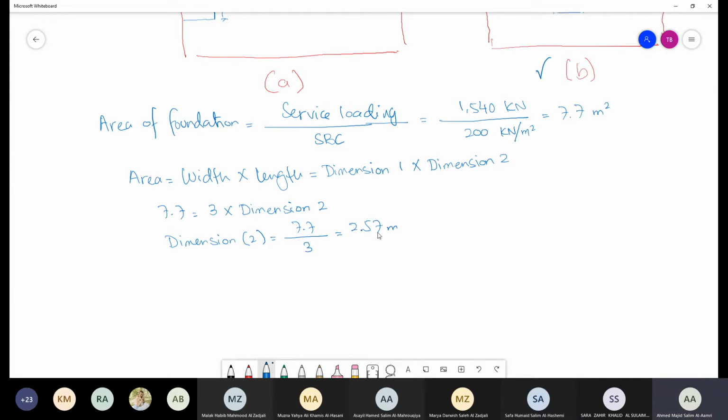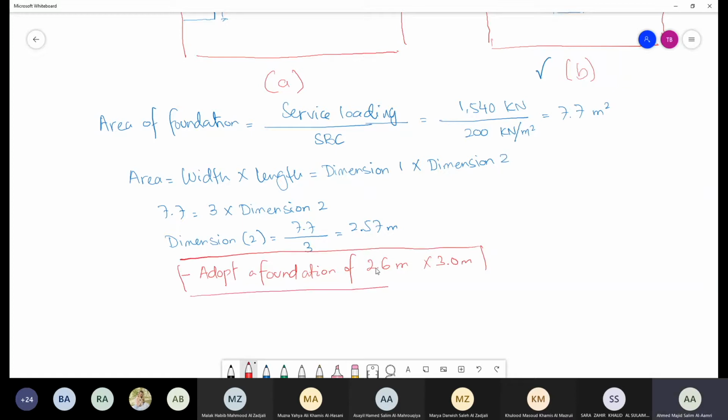Okay, 2.57. We said we cannot have 2.57 when it comes to a site. So what we are going to do, we are going to adopt a foundation of 2.6 meter by 3 meter.